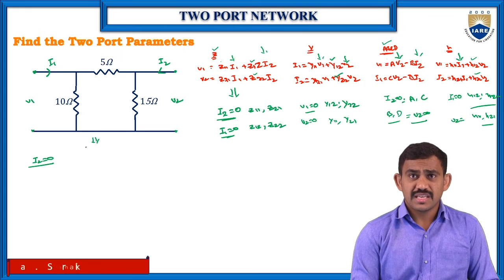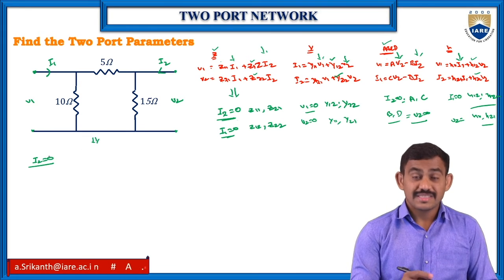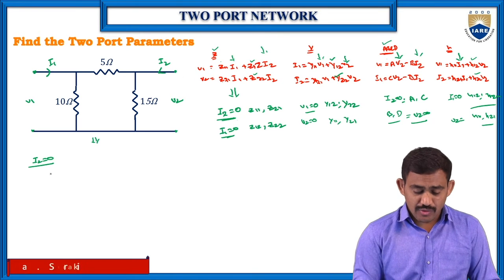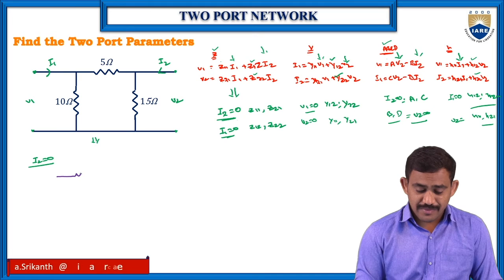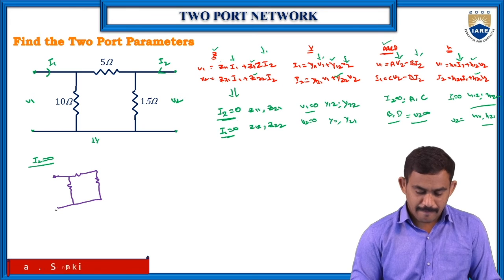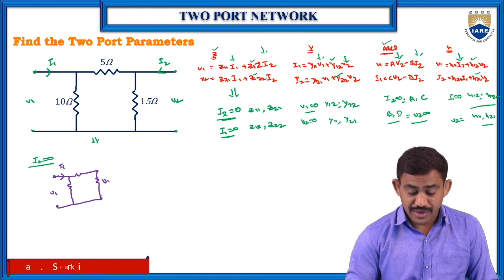Now from this, I2 equals 0, so the secondary side current is 0. So it's an open circuit. When you have the open circuit, your pi network converts into this type of network. Here we have I1 and V1, and across this 15 ohms, I have the V2 value.